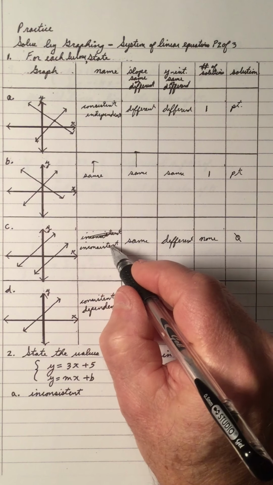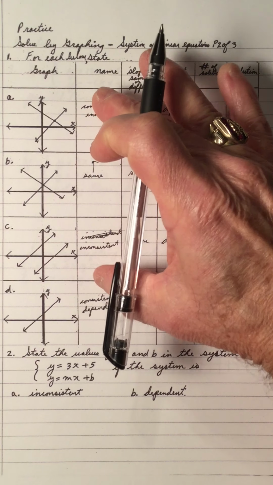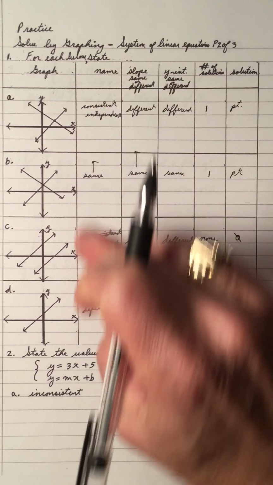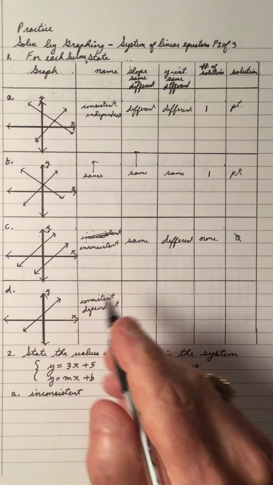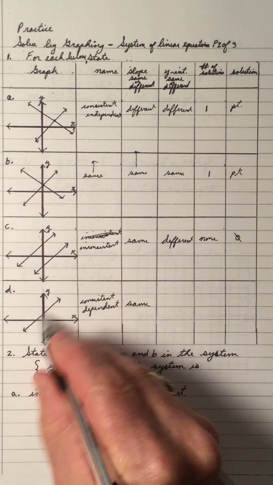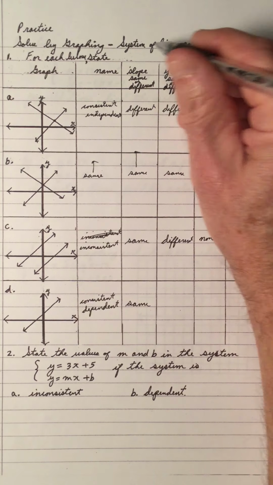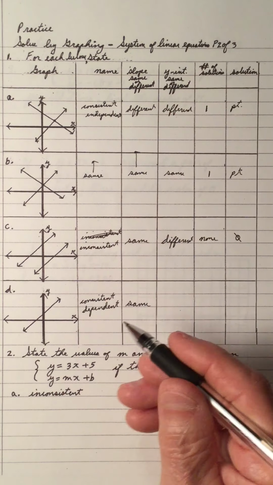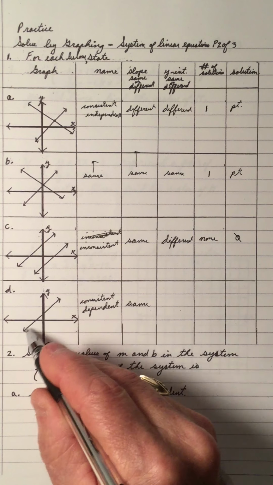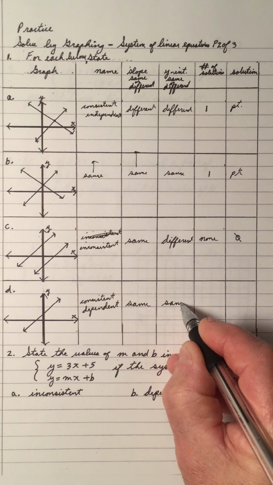Notice this one is inconsistent, and these other two are consistent, but one is consistent independent, this one's consistent dependent. The slopes are the same, because you only got one line. Well, you got one line, but you're having a system of equations. So you got two equations, but the two equations solved out to be the same line. And the y-intercept is the same.